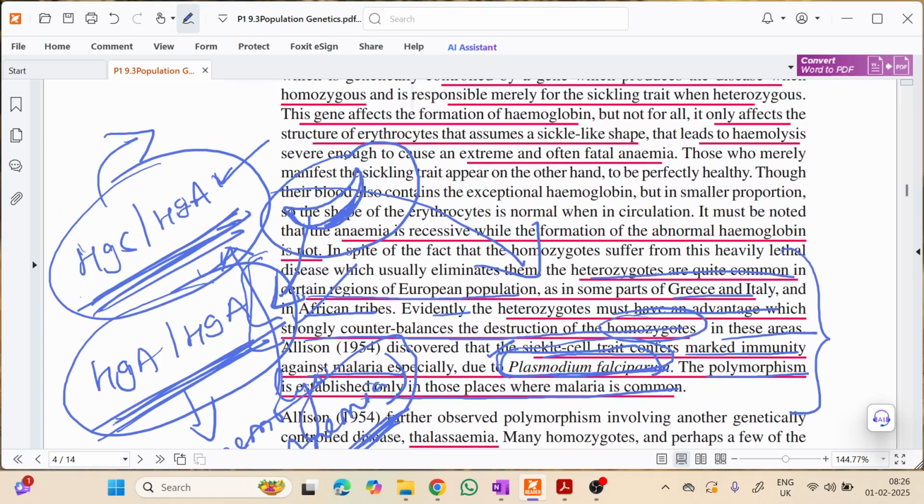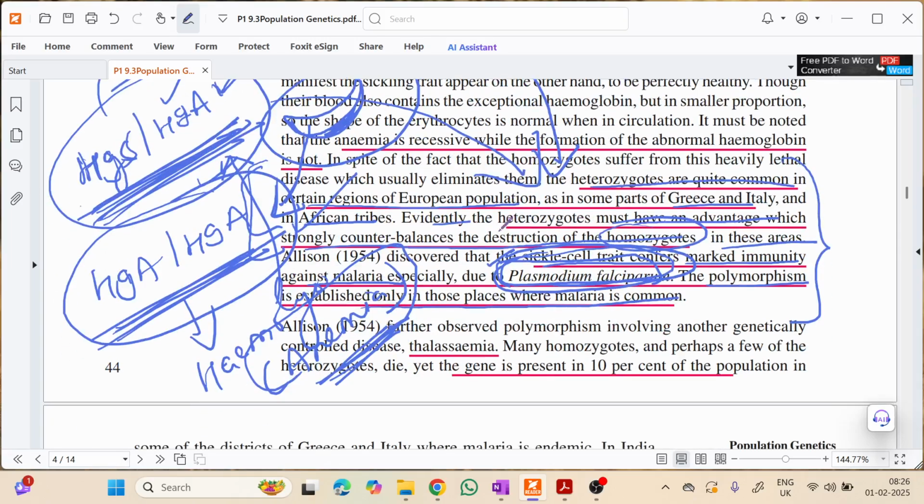In that case, the appearance, or the phenotypical expression, will be of spherical shape. But since your genetic material holds a sickling trait, this sickling trait will provide you immunity against Plasmodium falciparum. So this is the ultimate gist.